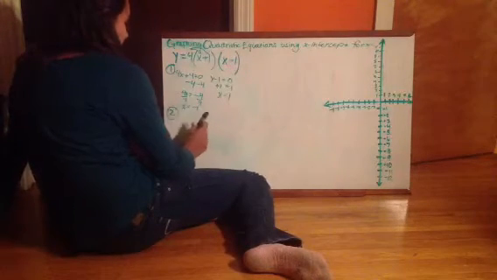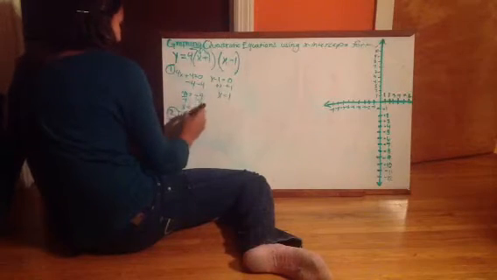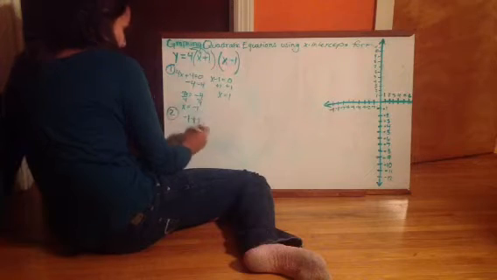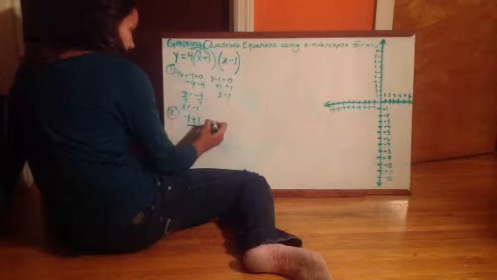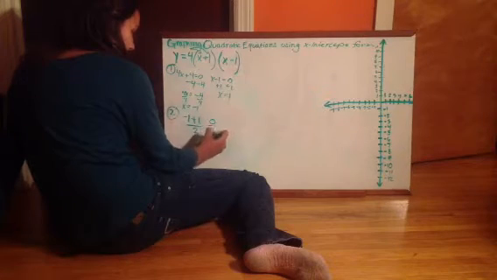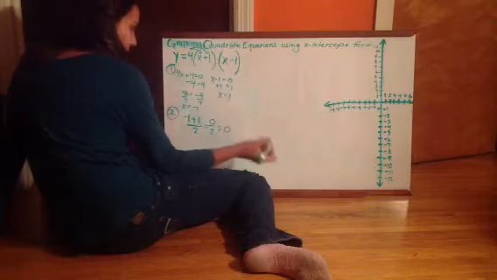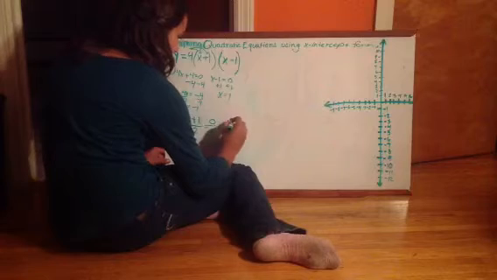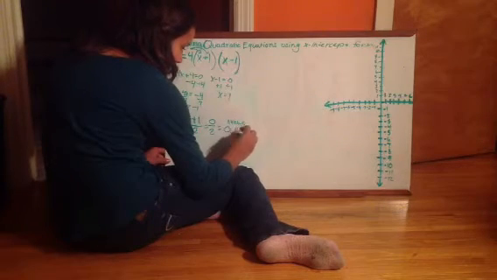Okay, now we're going to find the average of the two, and we do that by adding our x-intercepts and dividing them by 2. And that's going to give you 0 divided by 2, and we all know that that equals 0. So this is going to give you your x value of the vertex.